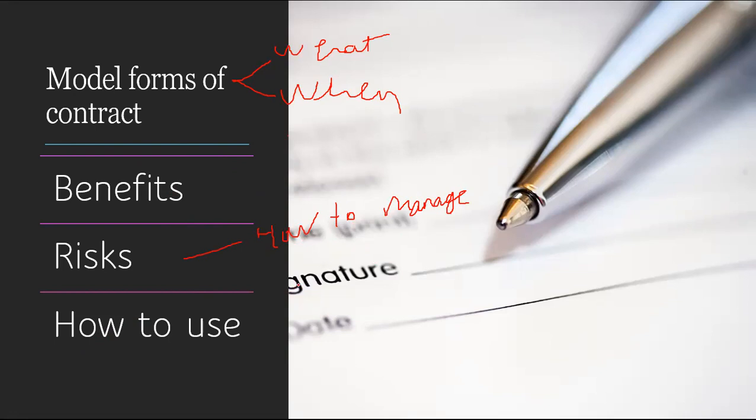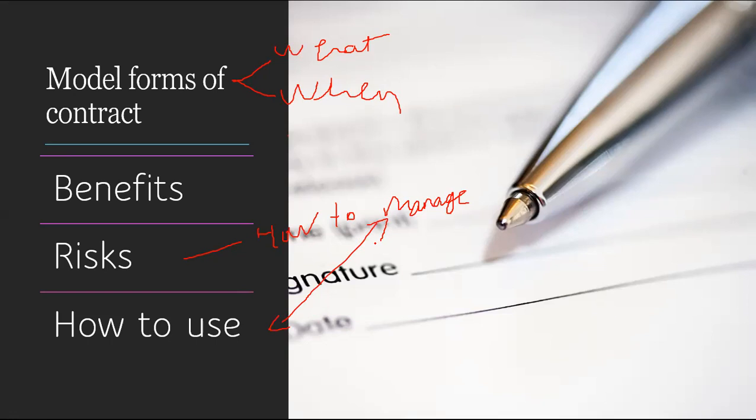Finally, there are some questions on how to use it. It should link to here. If you know that a risk of using a modified contract is that it often balances the benefits of both supplier and buyer, then if you want to shift more benefits to your side, you still need to edit a bit of that form of contract.